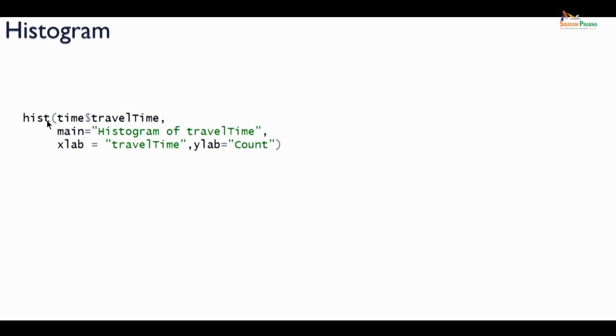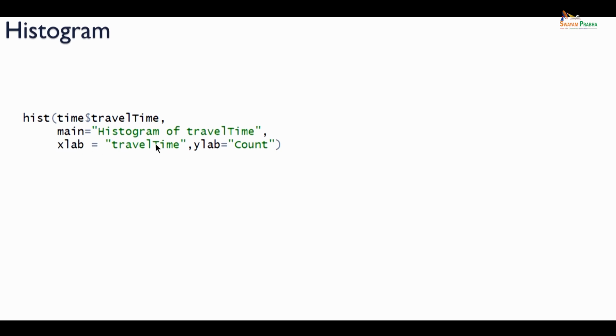So, hist is the command in R. The input is basically the numerical variable, in our case it is travel time. Now, instead of just generating a blunt plot, I am just adding a small description. So, main is nothing but the title of the plot, which reads as histogram of travel time, and xlab is nothing but the x label, so the label for the x axis, and ylab is nothing but the y label, which is the label for the y axis.